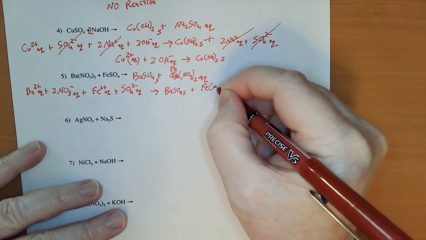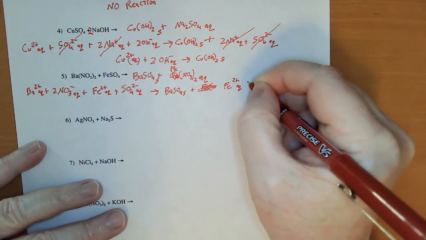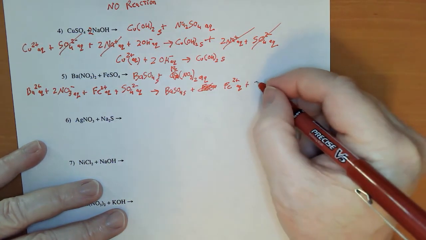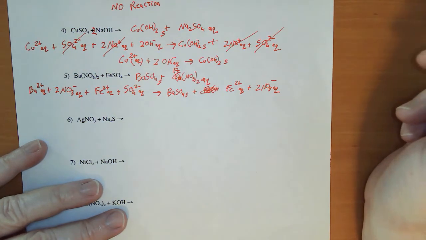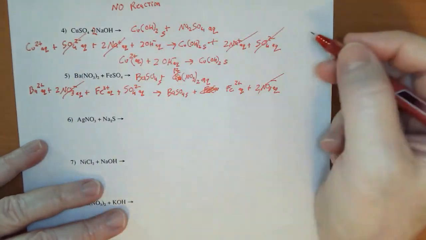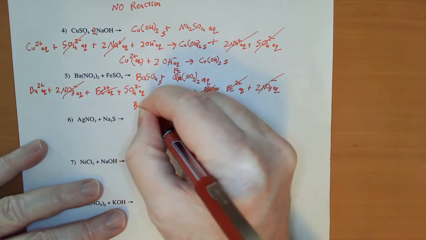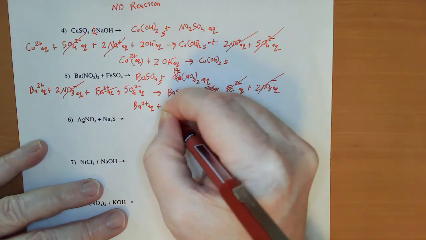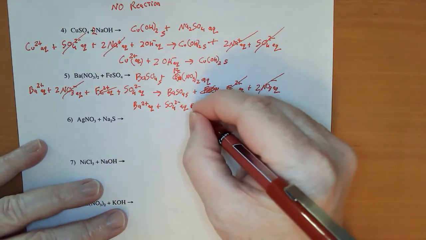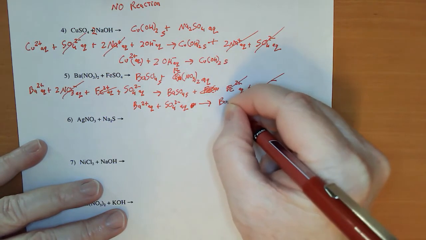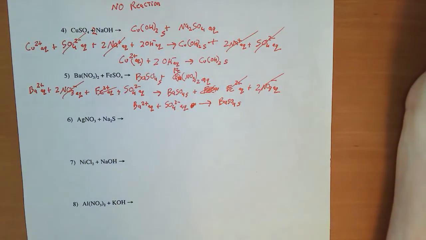It's going to be Fe2+ aqueous and 2 nitrates aqueous. The nitrates cancel. The irons cancel. So I have Ba2+ aqueous, I have SO4 2- aqueous, and that is going to yield BaSO4 solid.